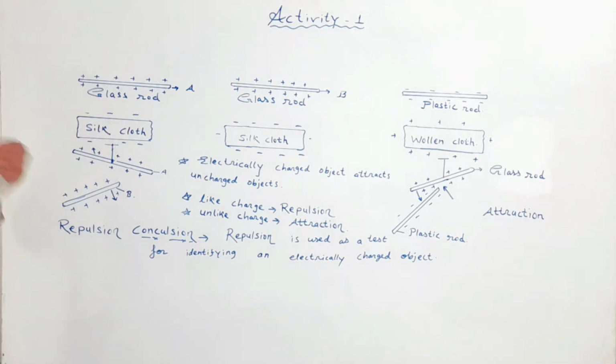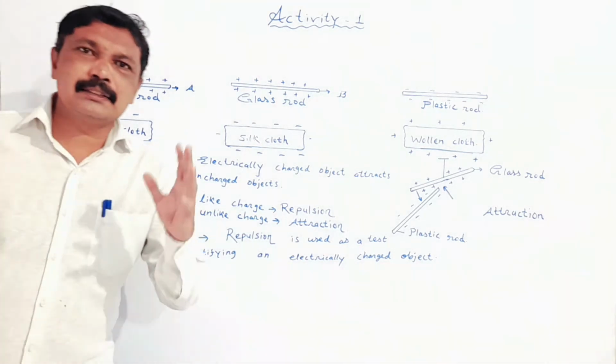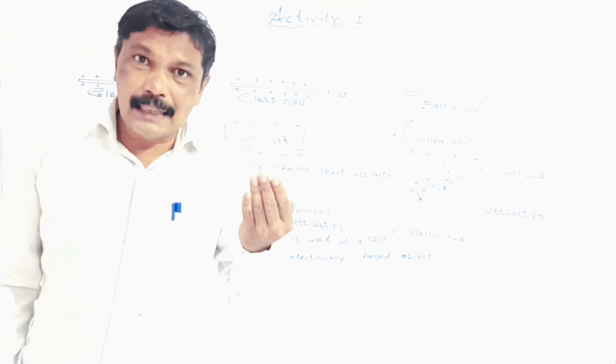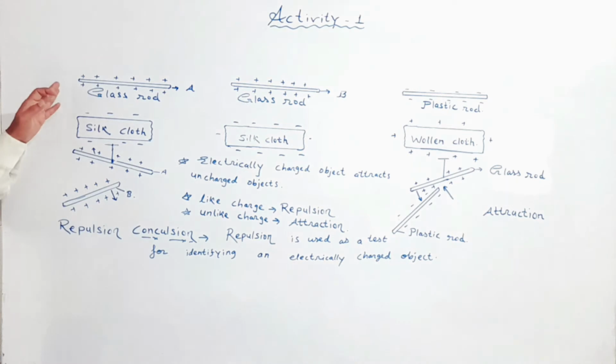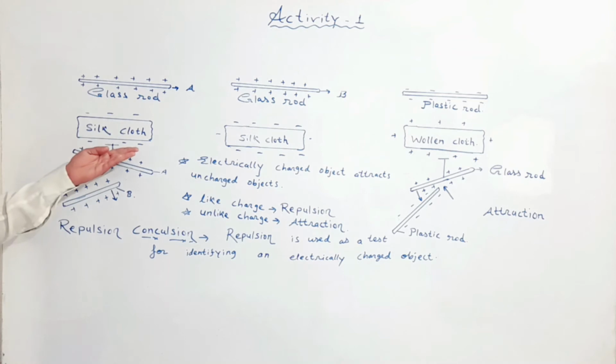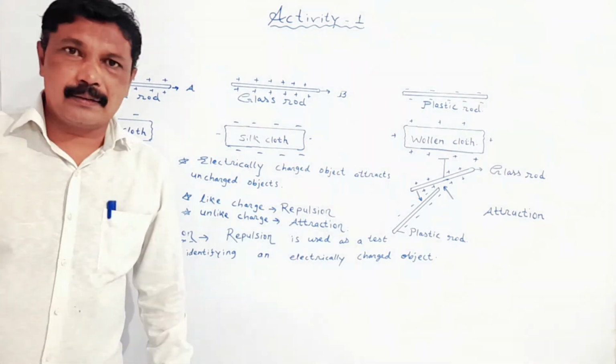My dear student, if we rub the glass rod with the silk cloth, charges are developed. It is found that the glass rod gets positive charge and the silk cloth gets negative charge.